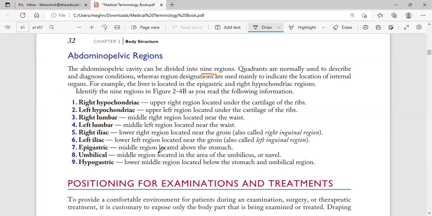Epigastric, middle region located above the stomach. Umbilical, middle region located in the area of the umbilicus or navel. Hypogastric, lower middle region located below the stomach and umbilical regions.